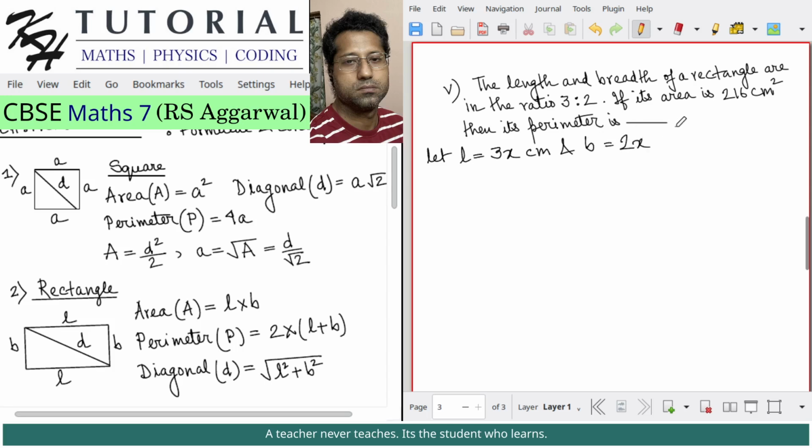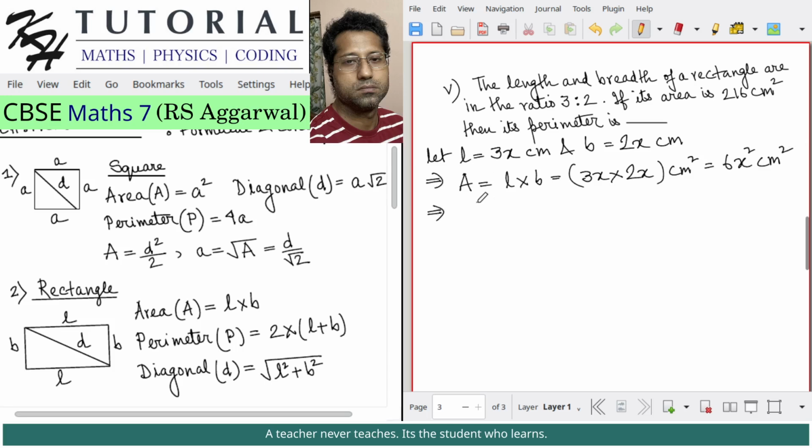This is based on the given ratio. Okay, the area is given to be 216 centimeter square. So area is equal to length multiplied by breadth, which is equal to 3x multiplied by 2x, and this is equal to 6x square centimeter square.